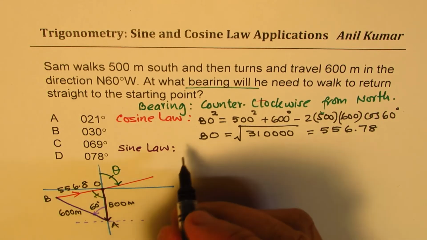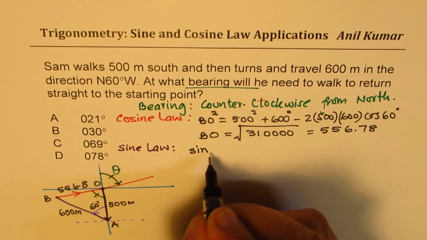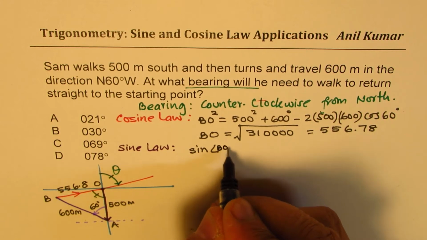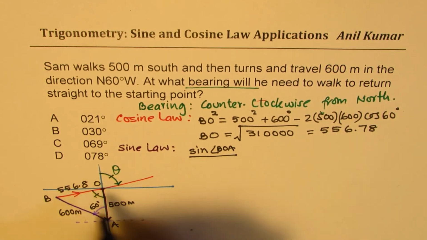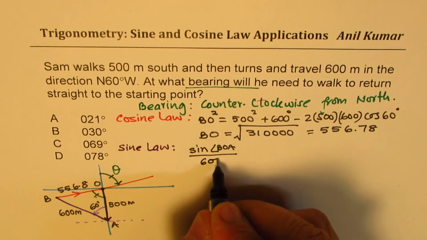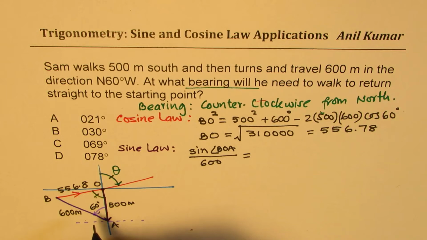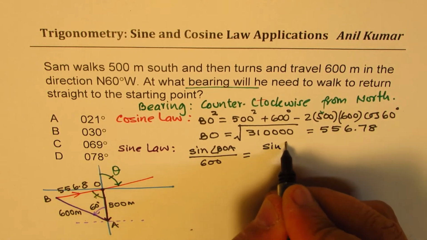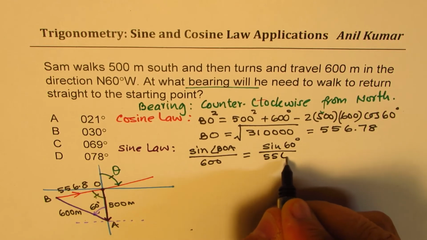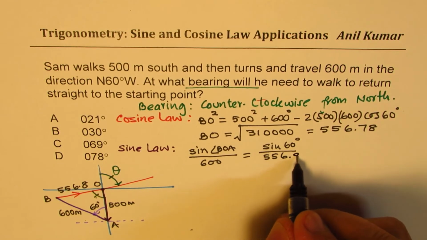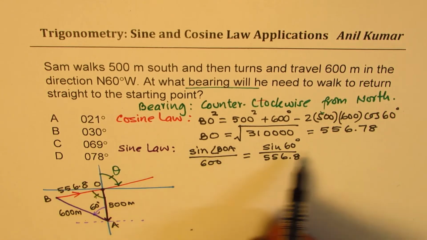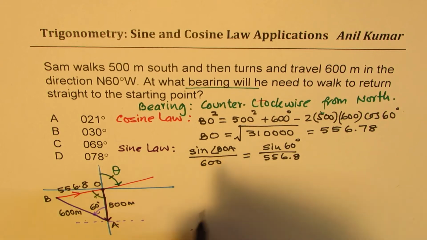So the angle at O, which is sine of angle BOA, over 600, which is the side opposite to it, should be equal to sine of 60 degrees over the side length, right? 556 point, let's say 8. We'll approximate later.